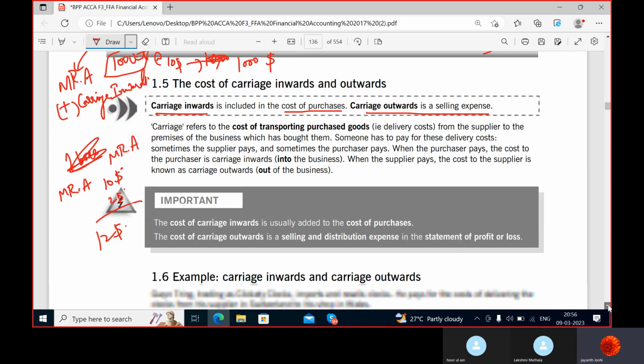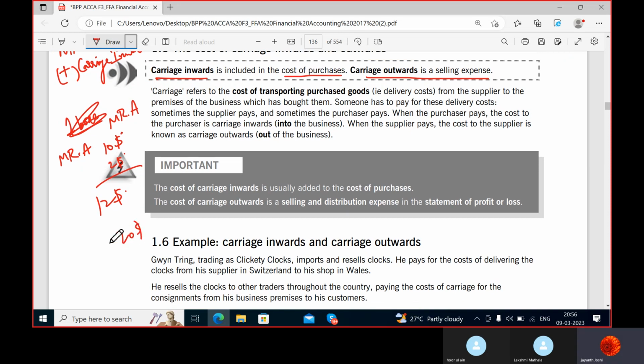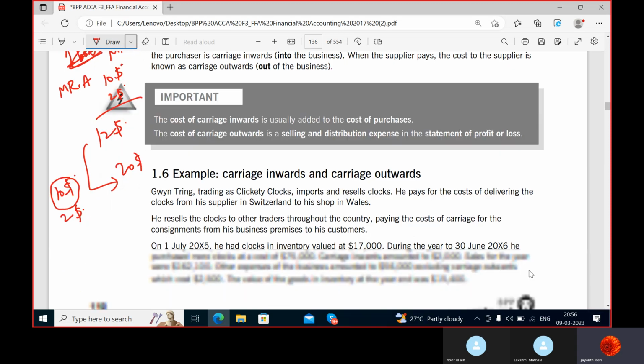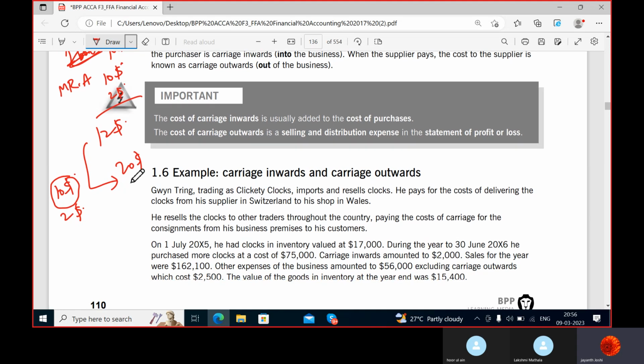So he will sell this one box for $20. What is the box cost to Mr. A? $10. Am I right? So he is recovering this $10 when he is selling the box for $20, and he's also recovering the extra $2 that he incurred.